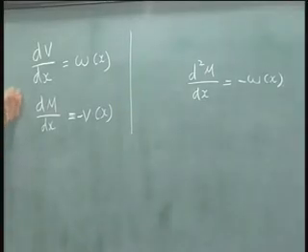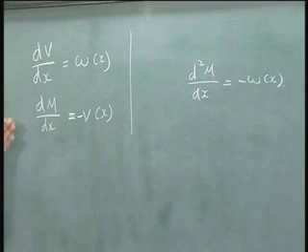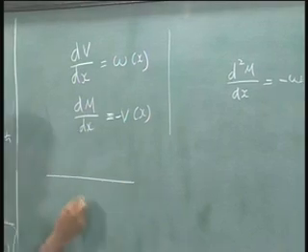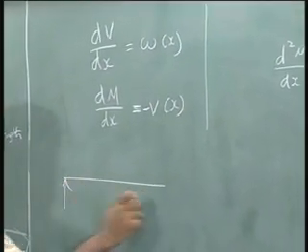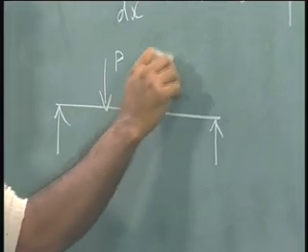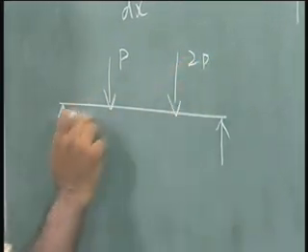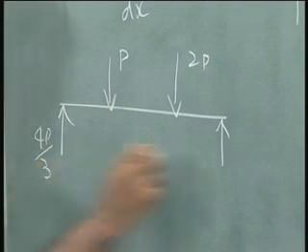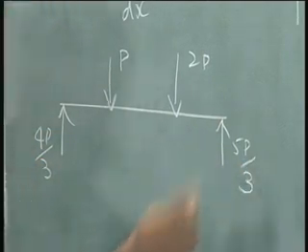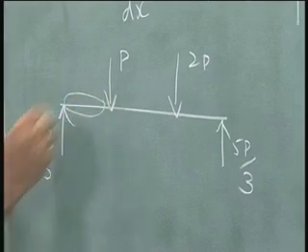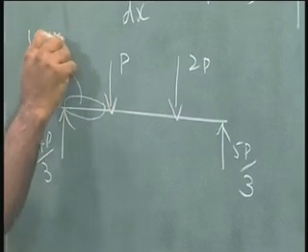So, these are the results that we got. Let us observe and find out what all we understand from this. For example, if I have a beam like this, let us take that particular example where we had a P acting, 2P acting at L by 3, L by 3. Okay. What do you see in this zone? In this zone, w of x is equal to 0.